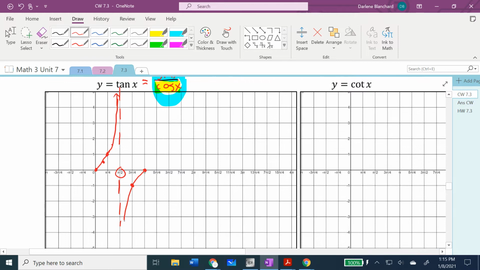And then the graph goes down. Now what I'm going to do is circle the numbers where cosine x is equal to 0. So that's negative pi over 2, 3 pi over 2, and so on. And I'm going to draw asymptotes at each of those.